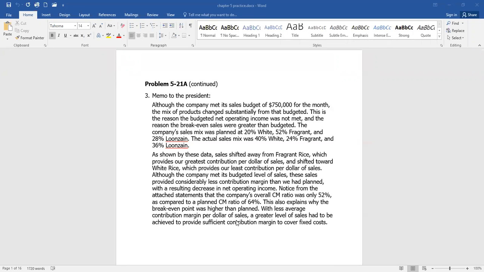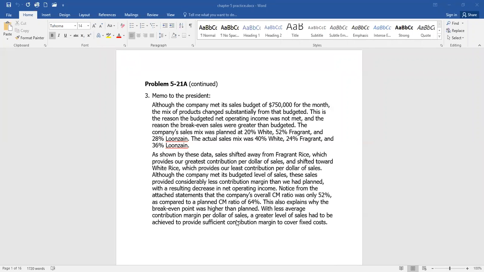The company was supposed to sell 150,000 in white. They sold 300,000. They were supposed to sell 390,000 of fragrant, which has a contribution margin of 80%. They only sold 180,000. And the Lunzane, although it was a higher amount sold than budgeted, the contribution margin is much less.